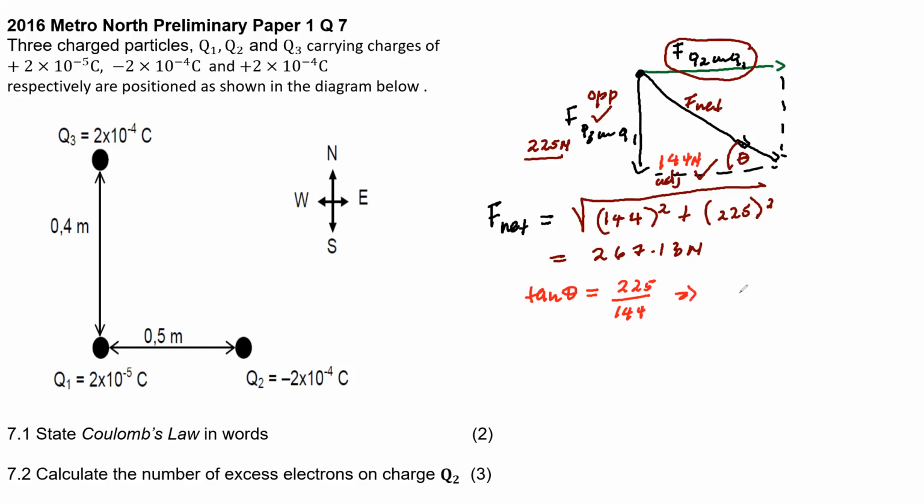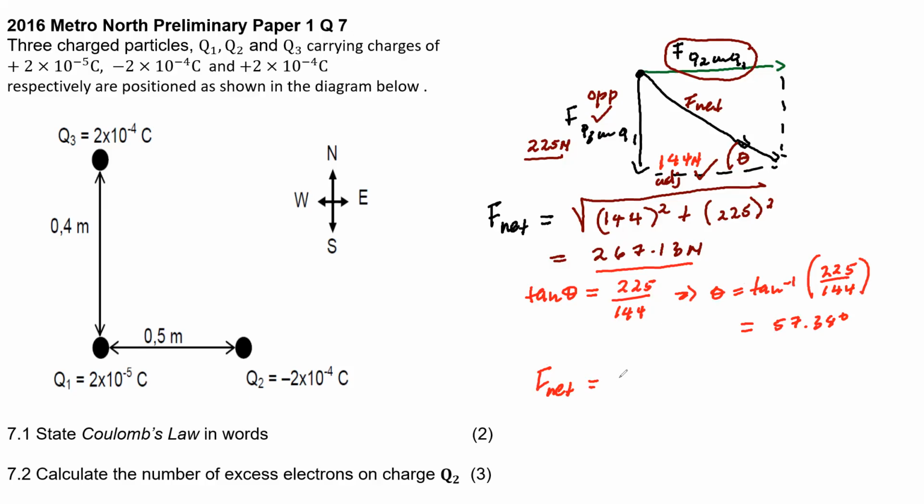Then when you do your maths now, theta is shift tan of 225 over 144. Mathematically, the answer becomes 57.38 degrees.